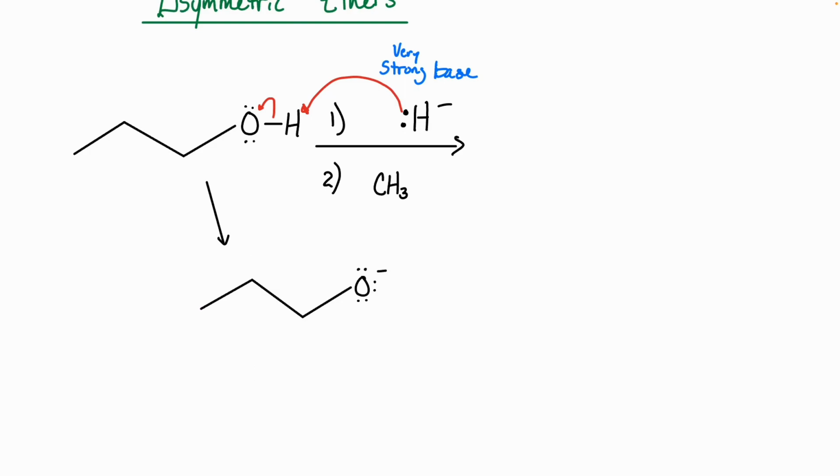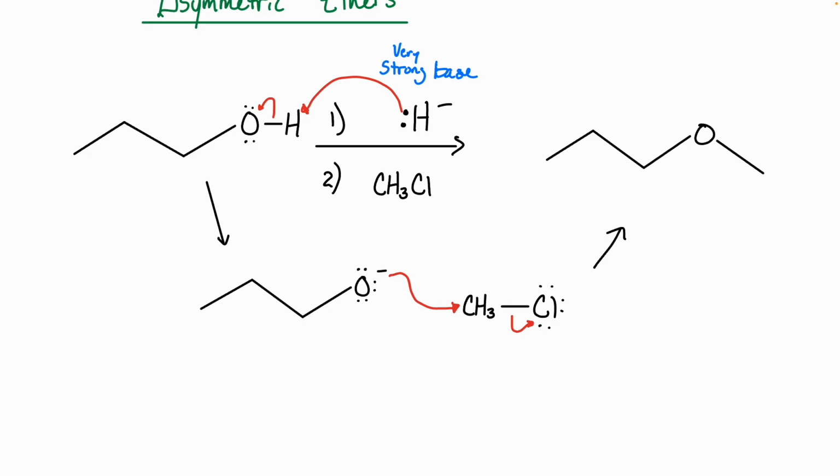In this case, we'll just do a methyl halide. So in my reaction, that nucleophile is going to attack that electrophilic carbon and kick off that leaving group. In this way I will have combined that alcohol group with that alkyl halide to create this asymmetric ether.